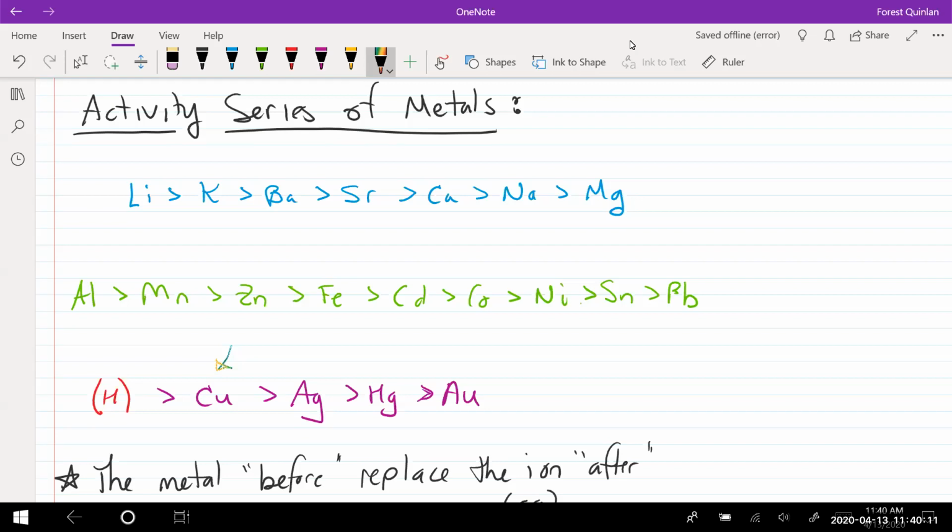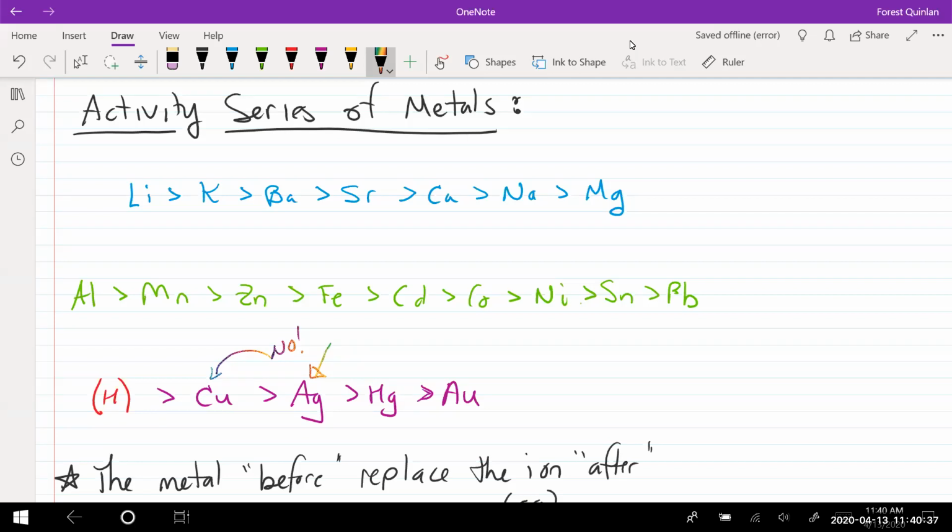Yes. So since that copper is before the silver, we will replace. In the second one, however, we see the silver. Is the silver coming before the copper? It does not. Therefore, it will not replace the copper.